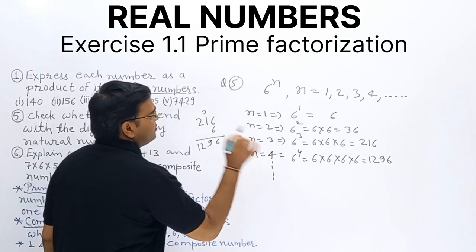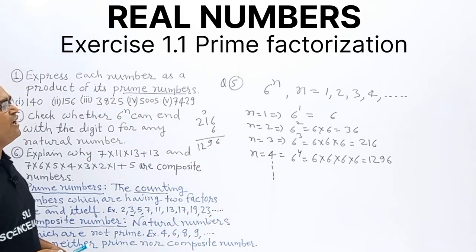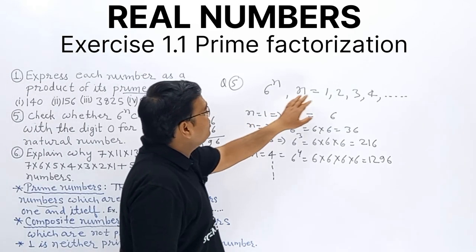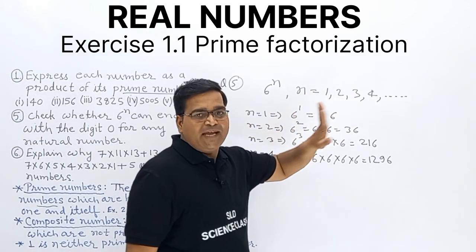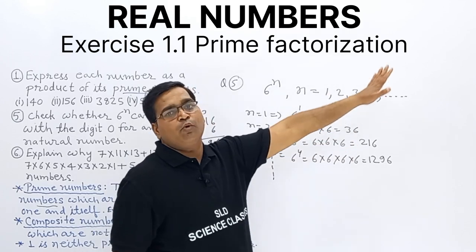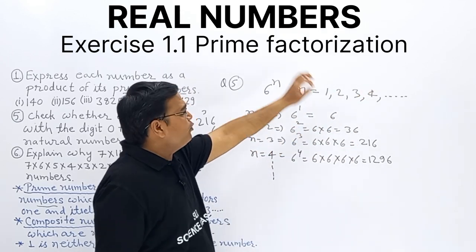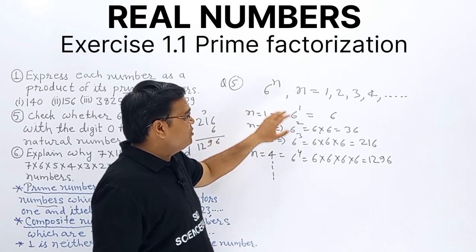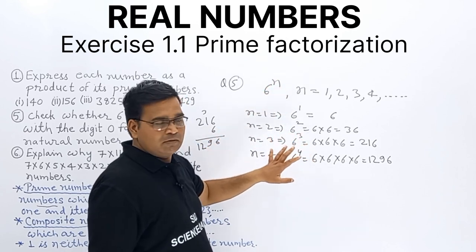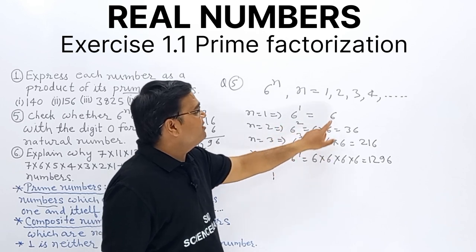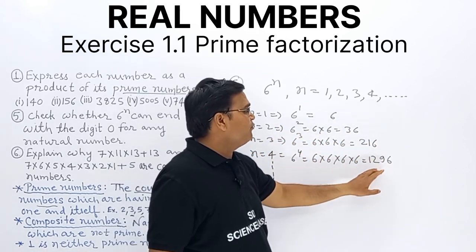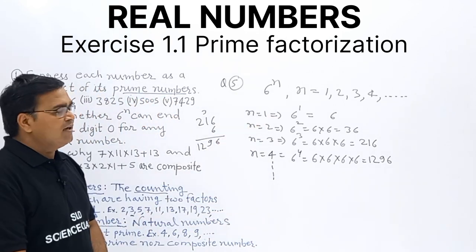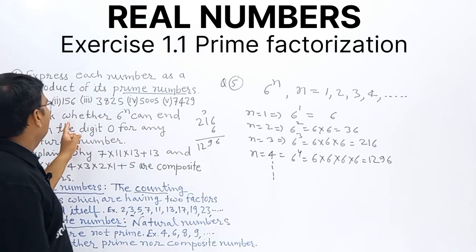Now, once we put n equal to any natural number 1, 2, 3, 4 and up to infinity, we get 6, 36, 216, 1296. Tell me, is any number ending with 0?